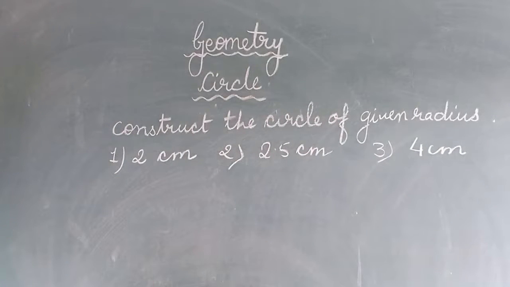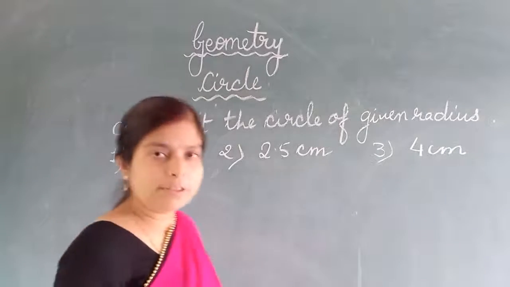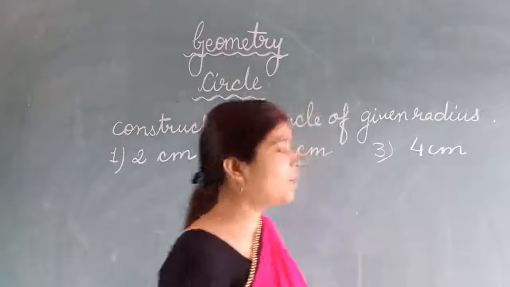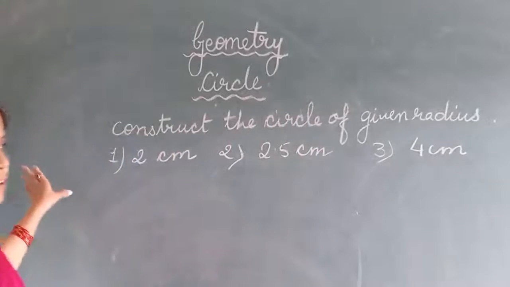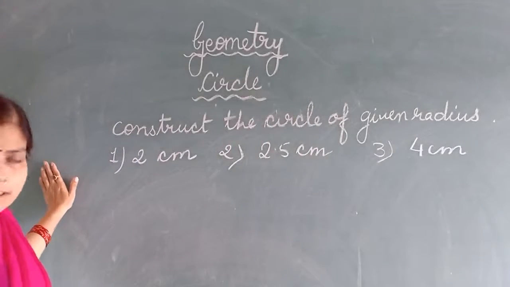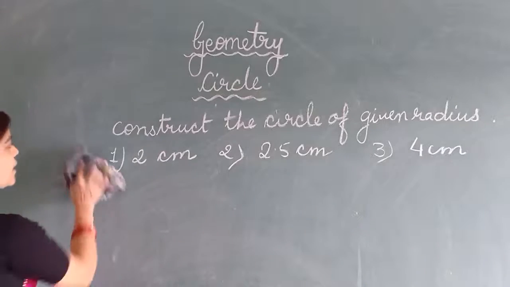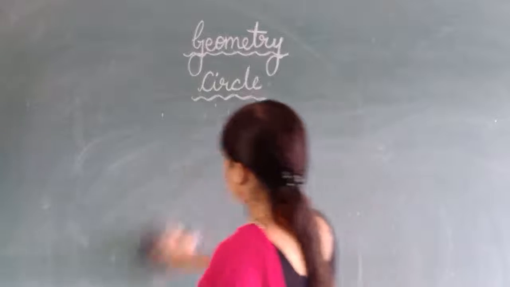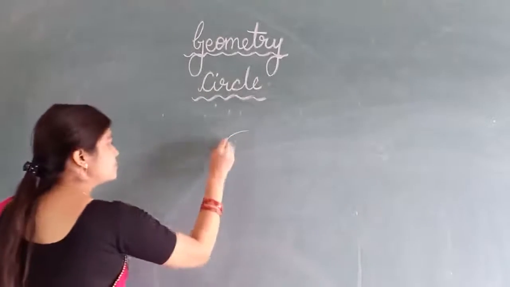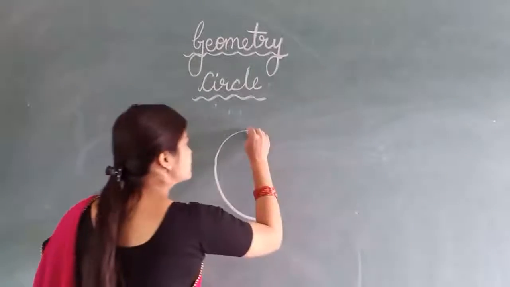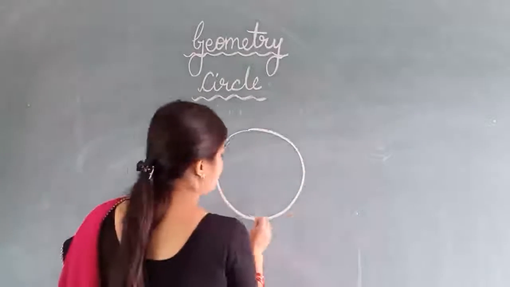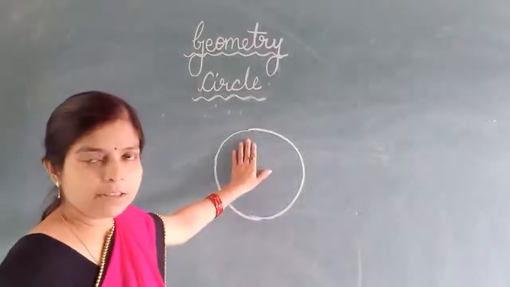Okay. Now let's revise what we already know, and we have learned already about the important terms of the circle. What are the important terms of the circle? I have drawn a freehand diagram. It is not perfect.